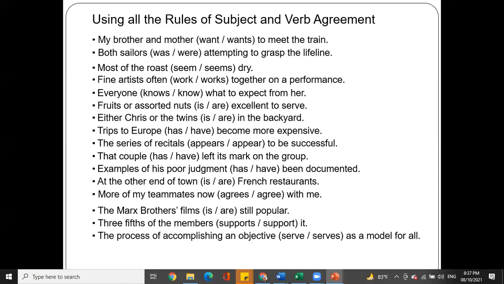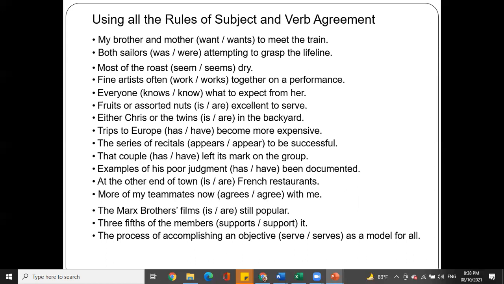That's important for Academic Task 1. The process of accomplishing an objective. Where's the subject? Process.